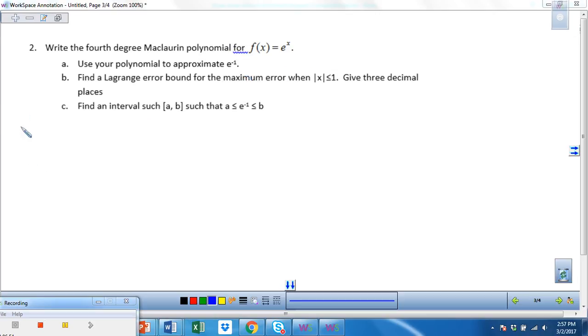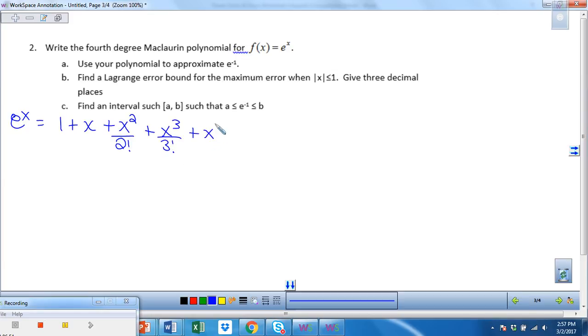Okay, so we have to recall the polynomial for e to the x. So, e to the x is equal to, this is one of the ones that you need memorized, it's 1 plus x plus x squared over 2 factorial, and we're using 4th degree, plus x cubed over 3 factorial, plus x to the 4th over 4 factorial. Okay?